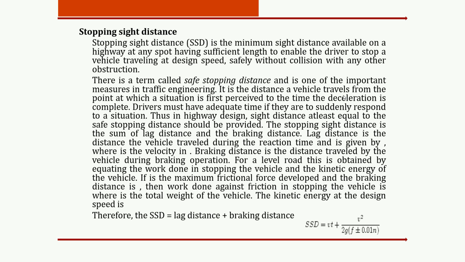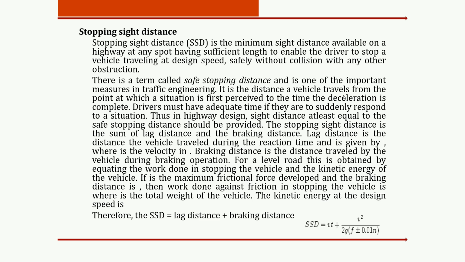Mathematically, this stopping sight distance is given by lag distance plus braking distance. Lag distance is the distance the vehicle travels during the reaction time, and it is given by velocity times time. Braking distance is the distance traveled by the vehicle during the braking operation.